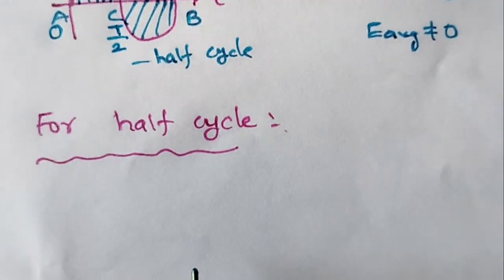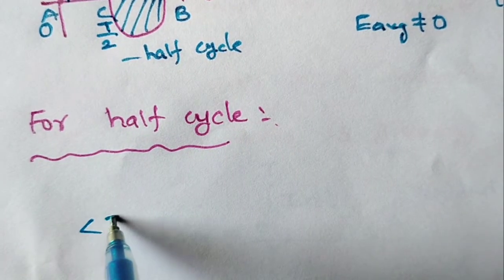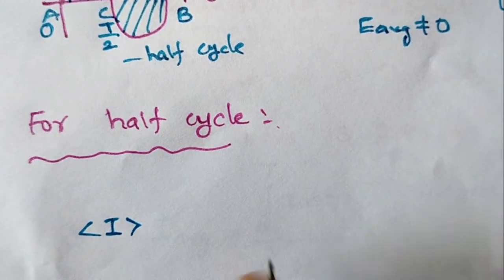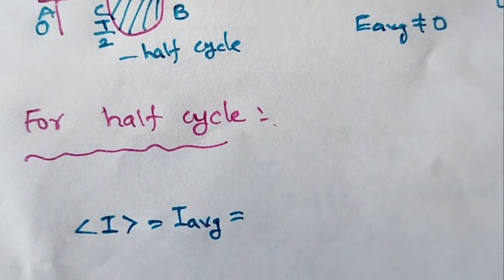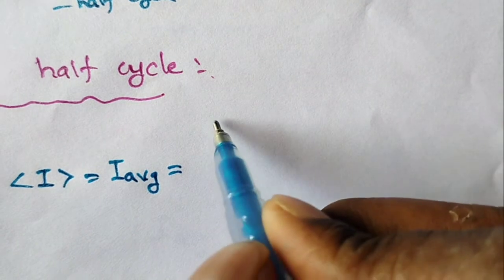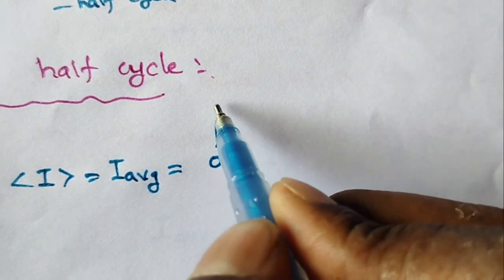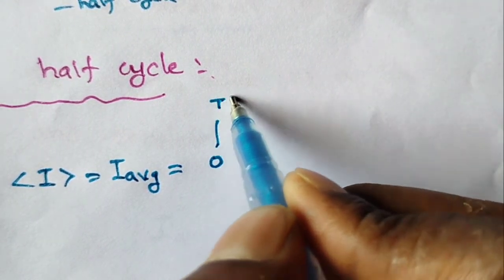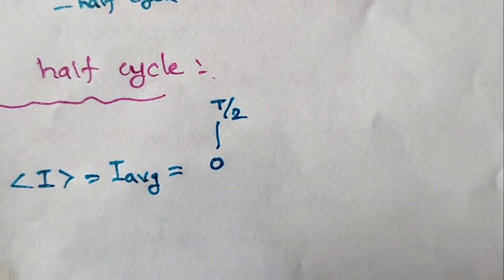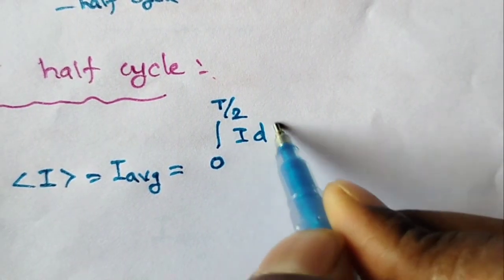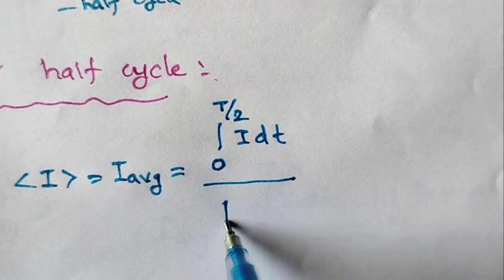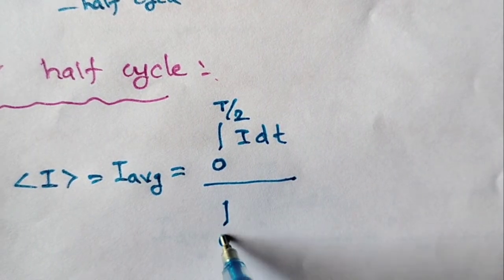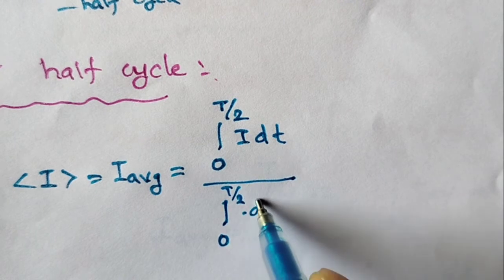So the I average in the half cycle is taken with limits 0 to T by 2, the integral of I dt over 0 to T by 2.